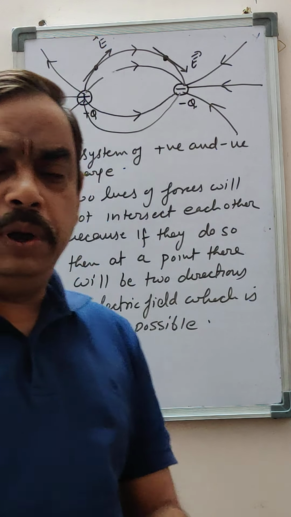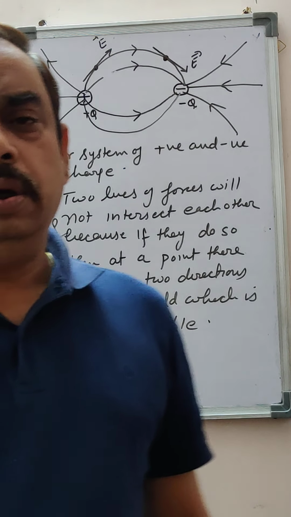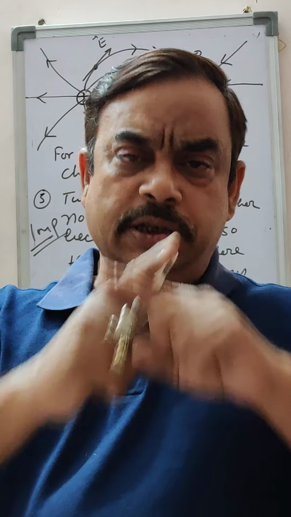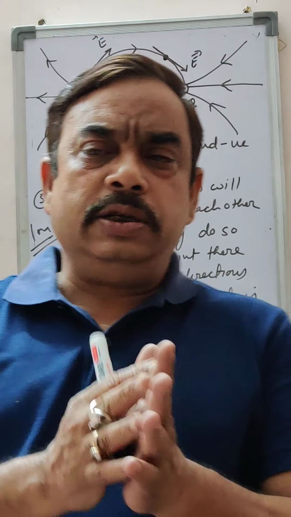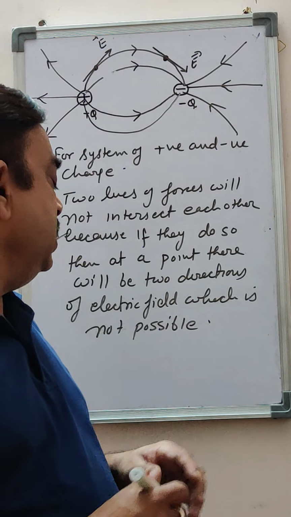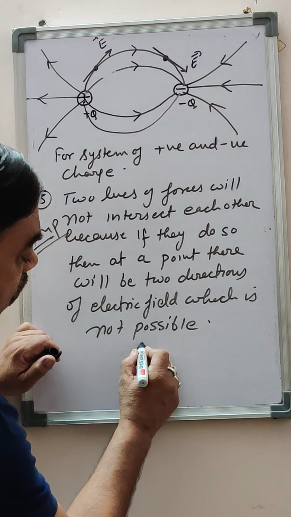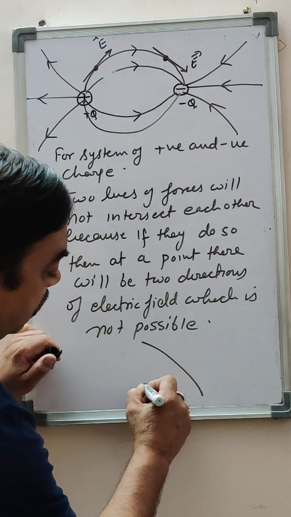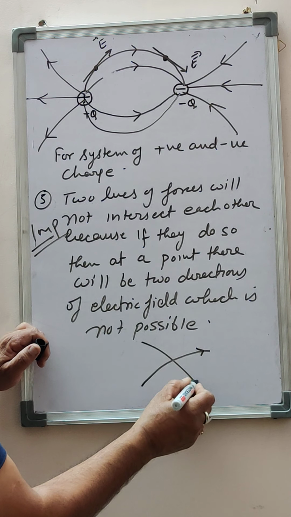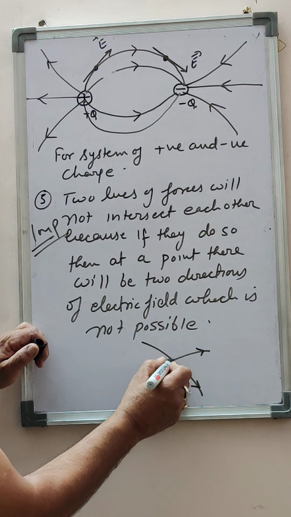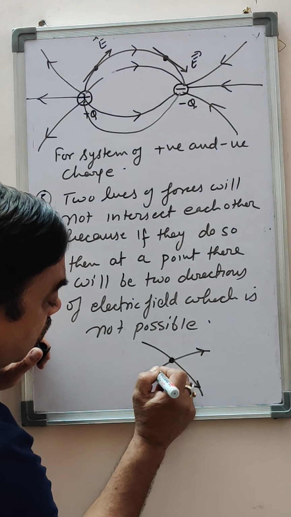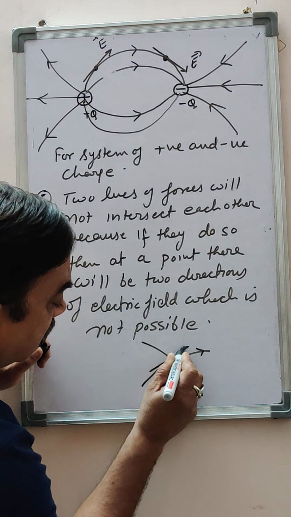The question can be asked this way: can two electric lines of force ever intersect each other? So the answer is that two electric lines of force will never intersect each other, because if they intersect, suppose these two lines of force intersect each other, then at the point of intersection, one tangent will be along this direction.